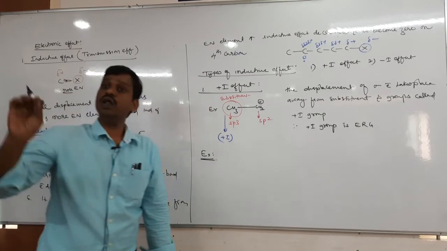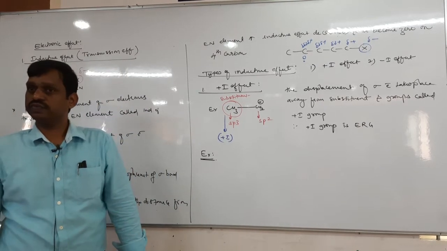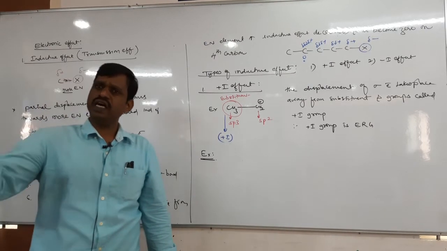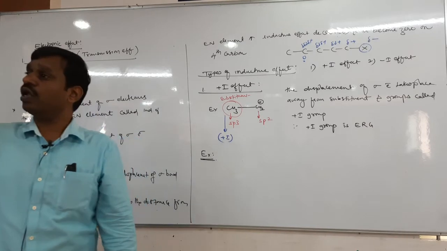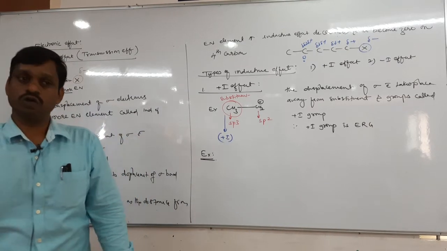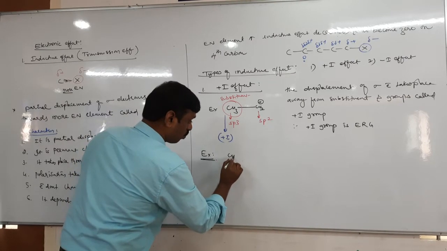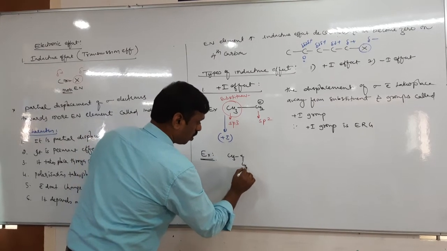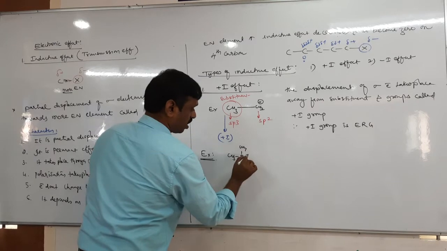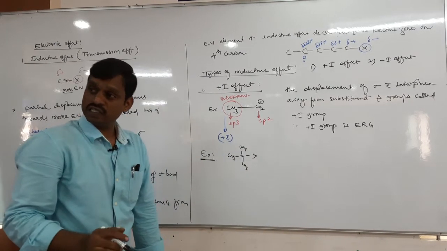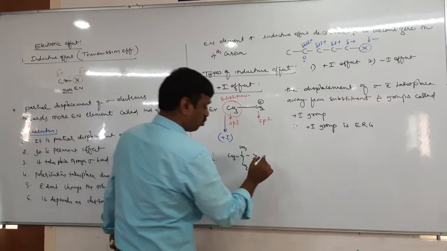So remember, all alkyl groups, irrespective of nature, methyl, ethyl, propyl, whatever it is, all alkyl groups are electron releasing groups. Again which alkyl group has more electron releasing effect? Tertiary alkyl. Tertiary alkyl is a more plus I group.